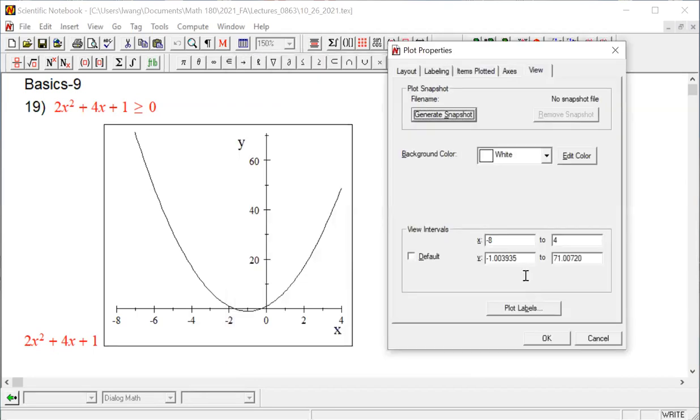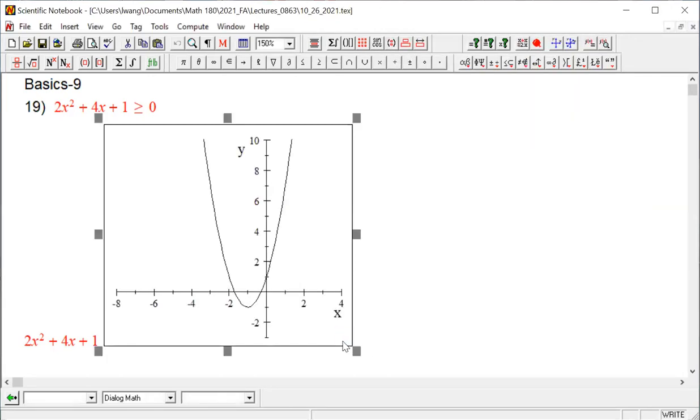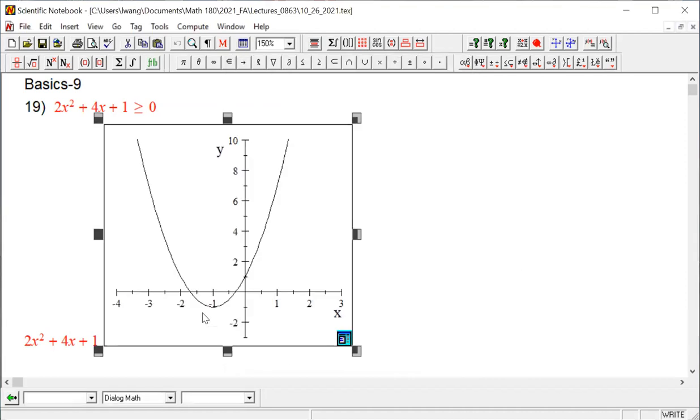So here I'm going to make it -3 to see if that works. Okay, -4. We don't need that much. Okay, 3. There. It's very difficult to identify the crossing. So in this case, you have to use the quadratic formula.